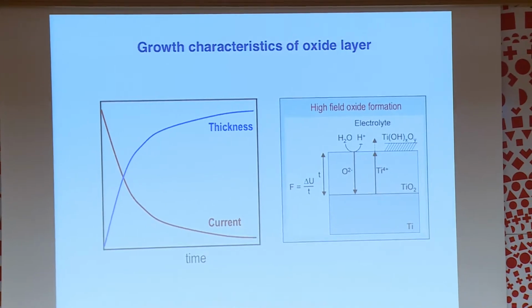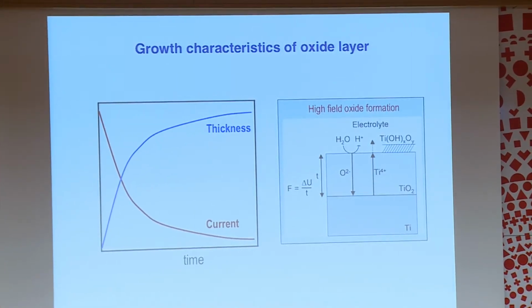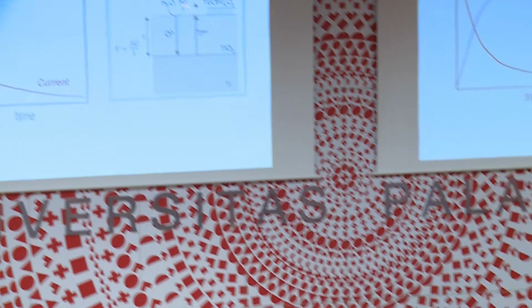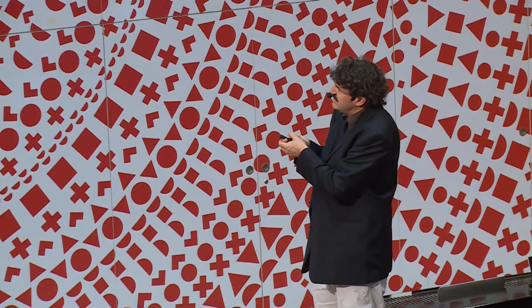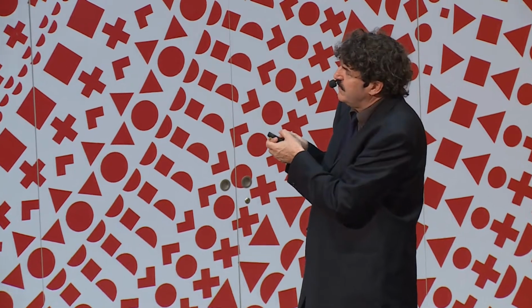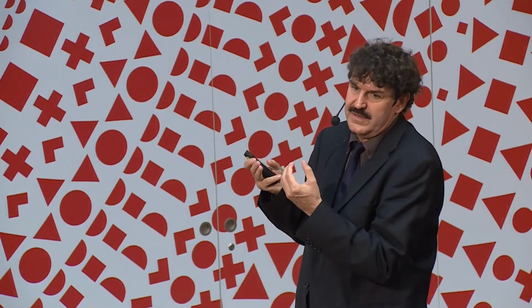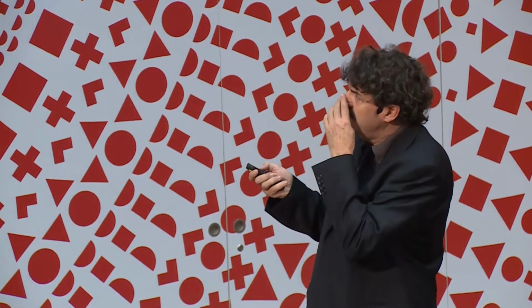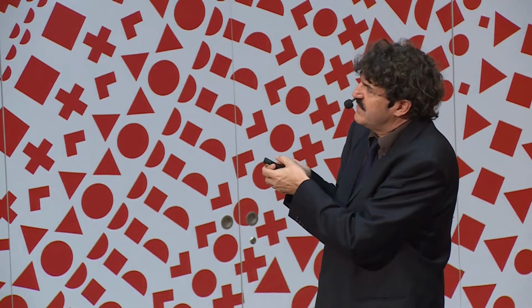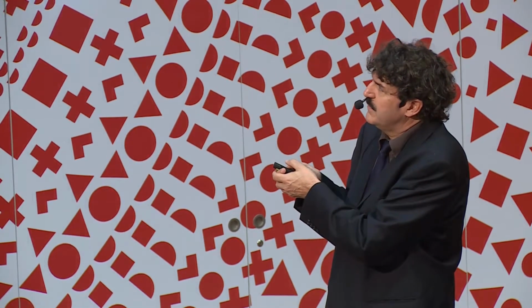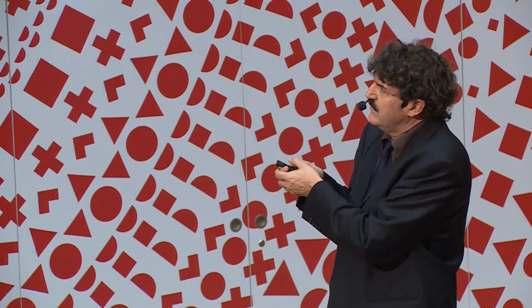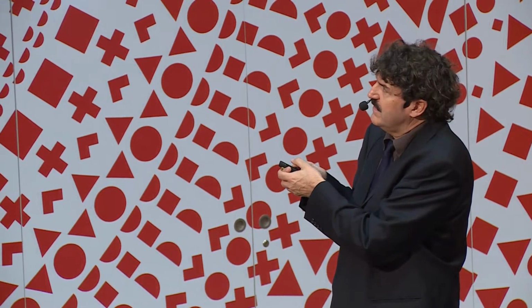So in principle, the oxide can grow at both interfaces, either at the inner or the outer interface. Now, the driving force, as said, is the field across the oxide, because the migration is determining the speed of oxide growth. So this is a self-stopping or self-limiting process if you have a constant voltage here and the thickness is getting thicker and thicker.